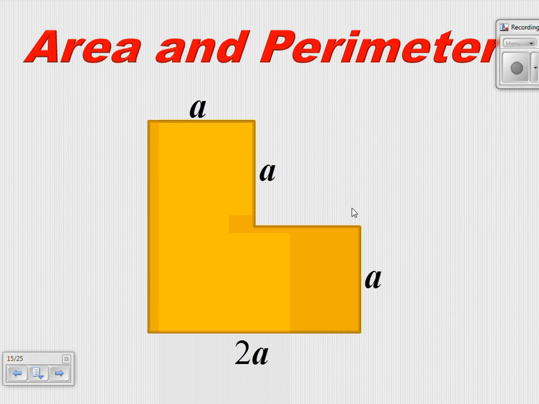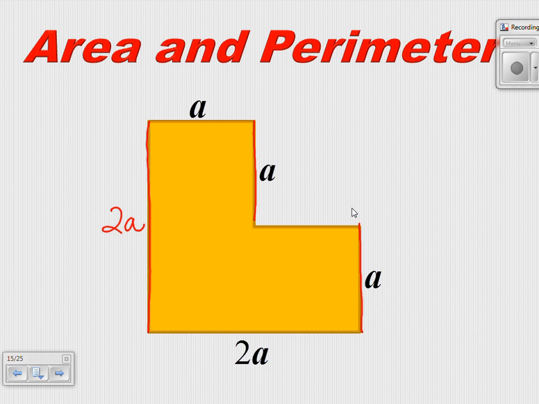It would actually be 2a. How do I figure that out? Well, I will look at the right-hand side. Notice that the top part is A, and the bottom half is A. So if you add A and A together, it would add up to 2A. So the left-hand side would be 2A.